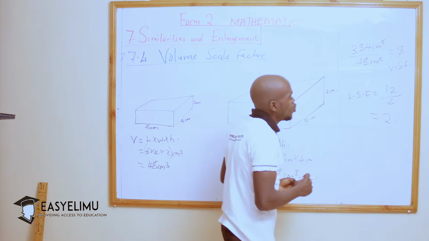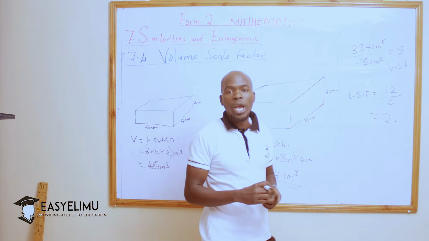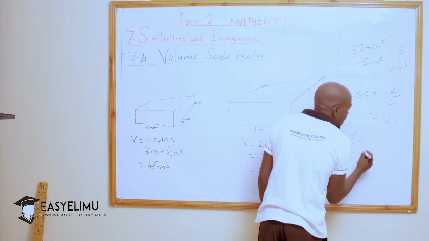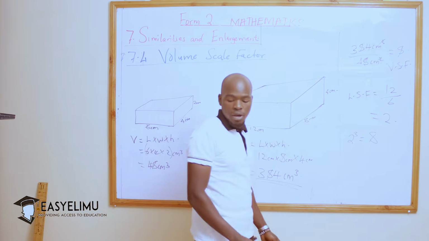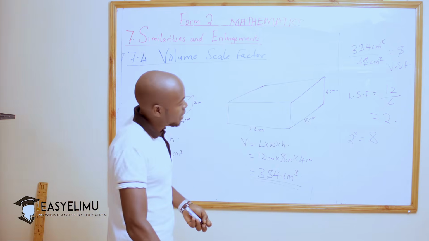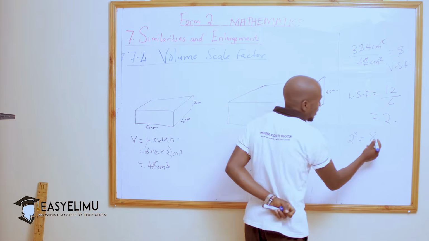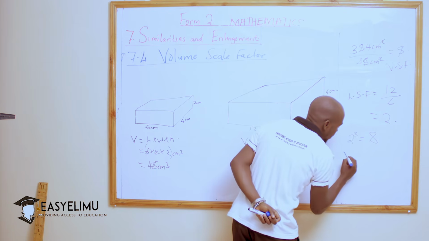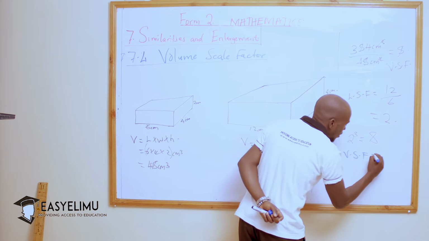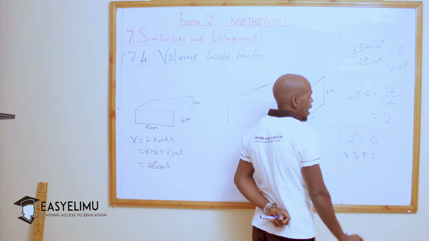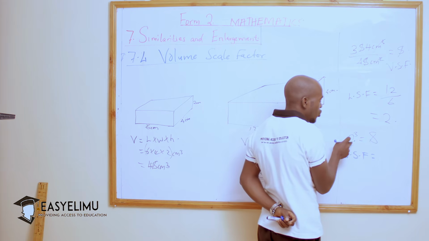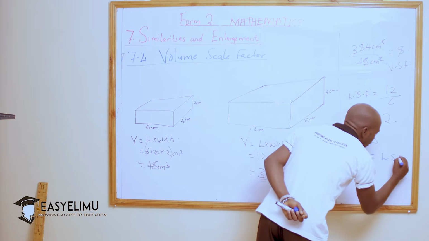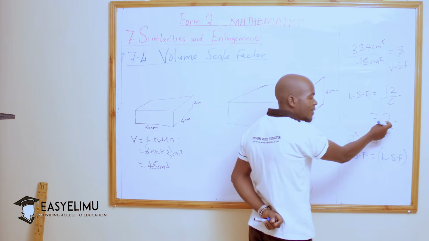And remember, if we cube this 2, we are going to get 8. So meaning that if you take 2 cubed, you will get your answer as 8. This is just the same as saying 2 cubed is 8, and 8 is the volume scale factor, but 2 alone is the linear scale factor.